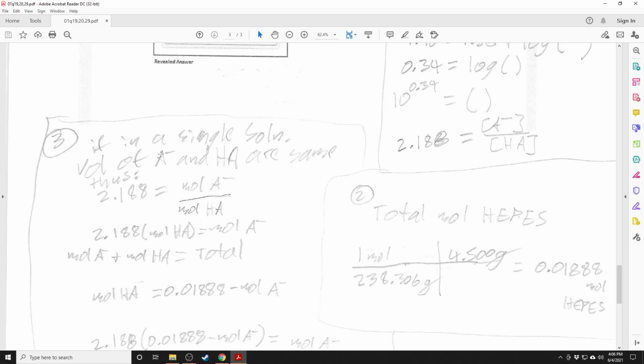Okay, so the third part I need to do is, if we're in a single solution here, then the volumes for these two things have to be the same, because it's the same beaker, it's the same solution, right? My volume can't be different for two things that are in the same solution, because the solution volume is the entire thing.